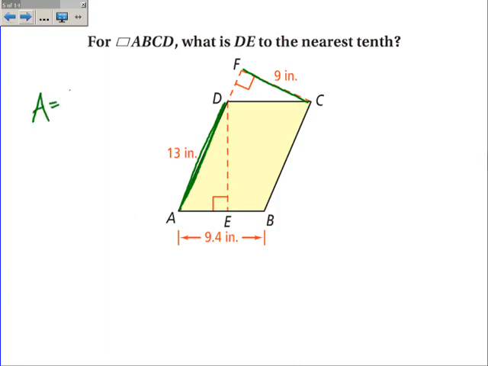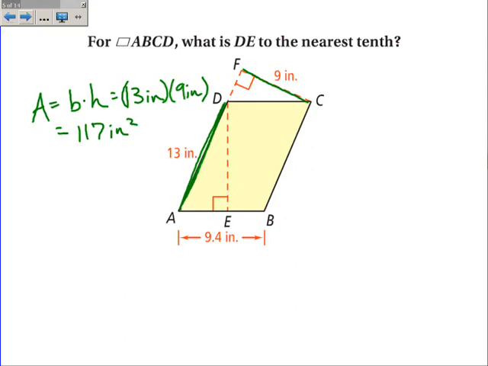So the area is equal to the base times the height. So it's 13 inches times 9 inches, and 13 times 9 is 117. So the area is 117 inches squared.